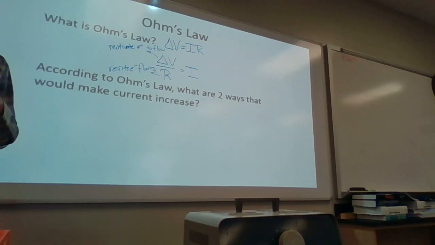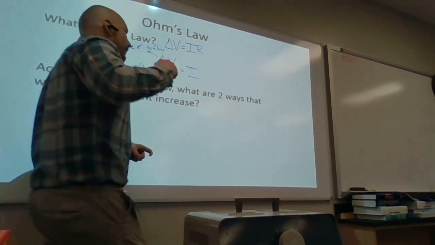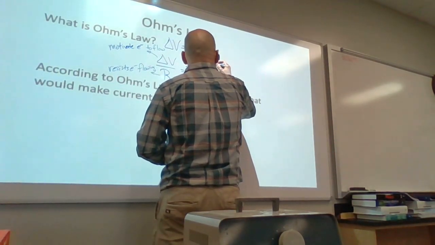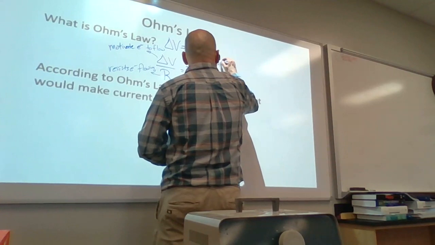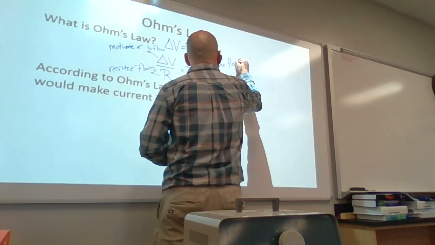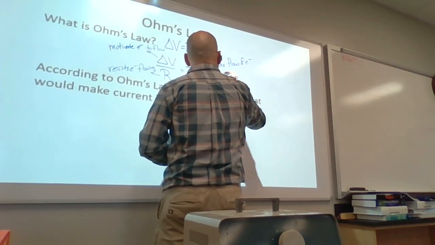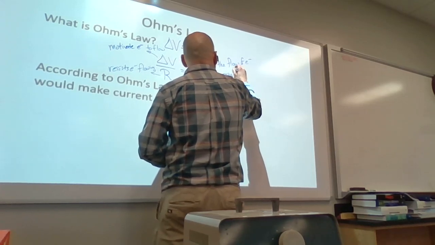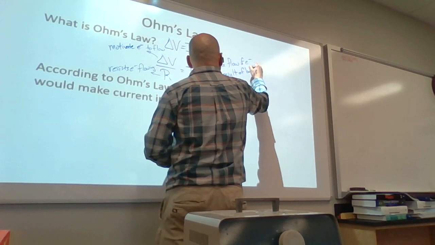So there's this battle going on between voltage and resistance. Current, this is the flow of electrons. This is the result of the battle.